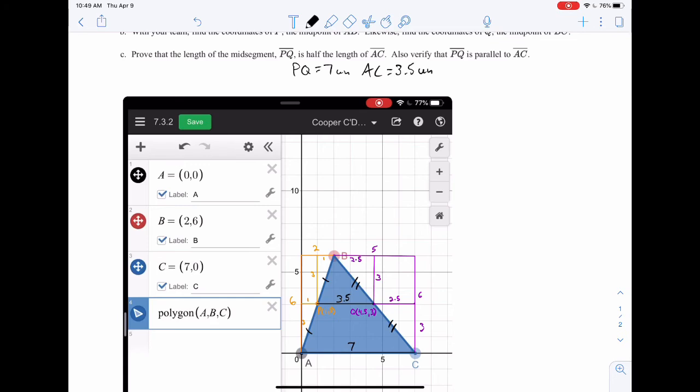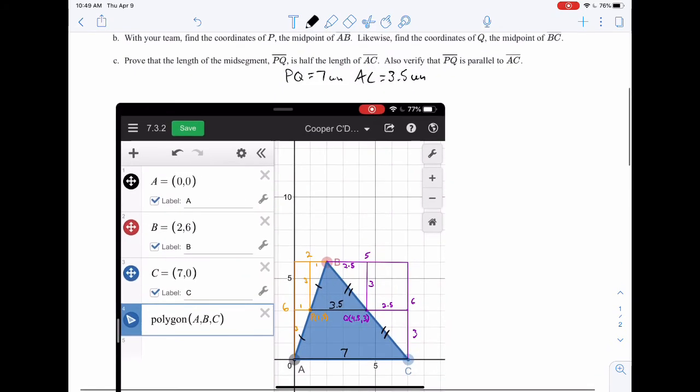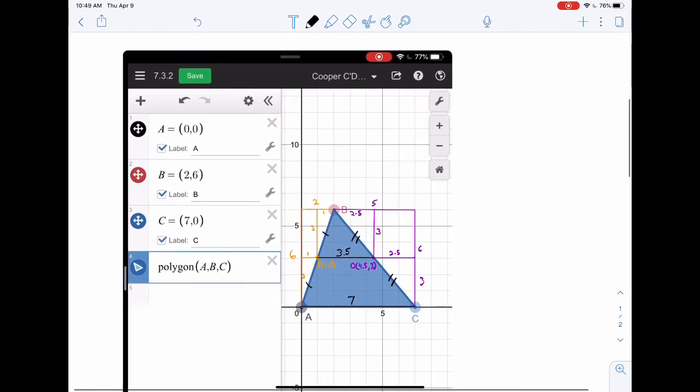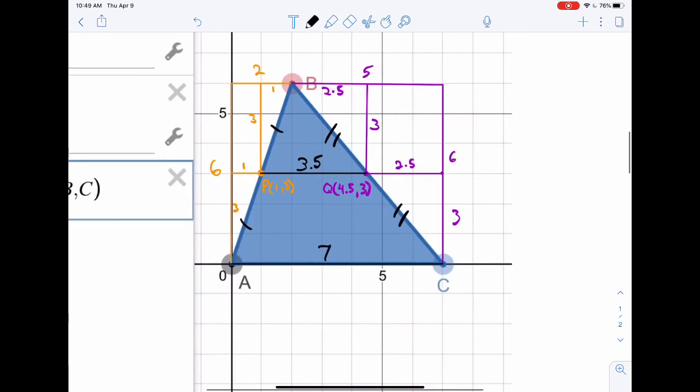And then how can we prove on a grid that PQ is parallel to AC? Well, remember, if we have lines on a graph, all we need to use is slope to prove whether or not they're parallel. And so the slope of line PQ, let me use a different color that shows up better.